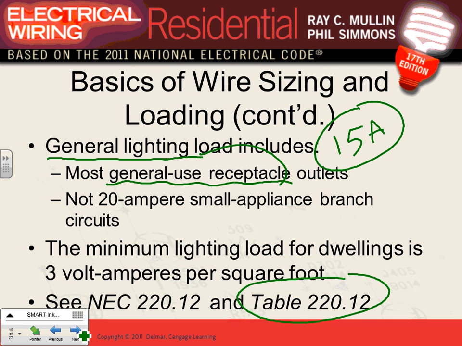For example, I have a 5,000 square foot house, a big house, for only the general purpose receptacles and the lights. 5,000 multiplied by 3 gives you 15,000 volt-amps. This is the allowance that you're going to consume for your lights and general purpose receptacles.